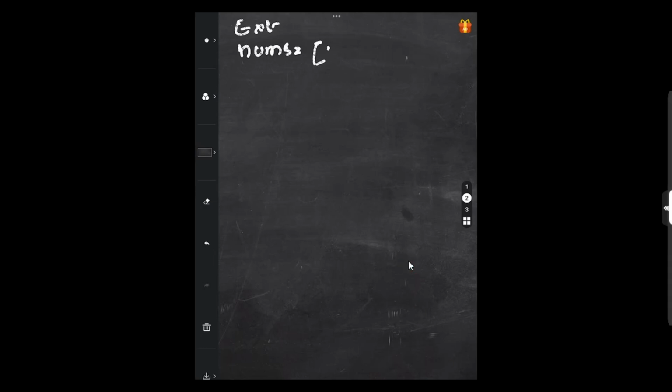They have given 3, 2, 1, 5, 6, 4. That's what they have given in the example. The output they have given is 5. We know this one. Let's dry run it and we'll get to know the approach, so accordingly with the approach, let's dry run the code.